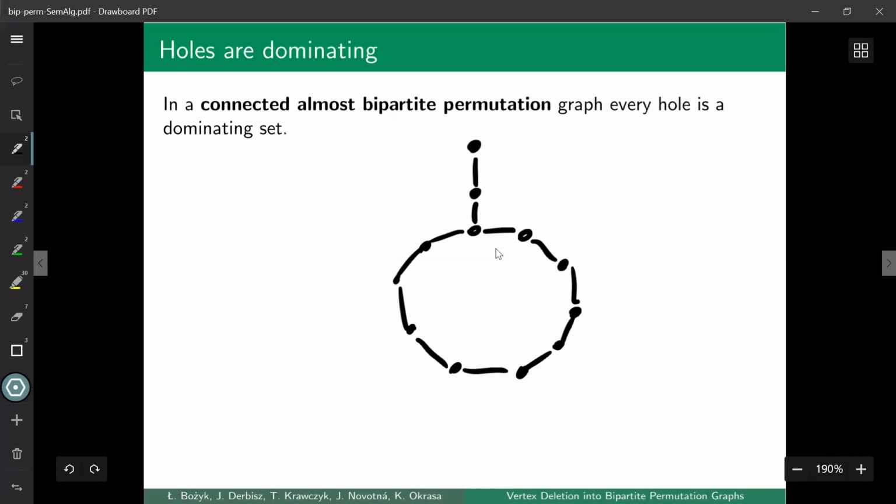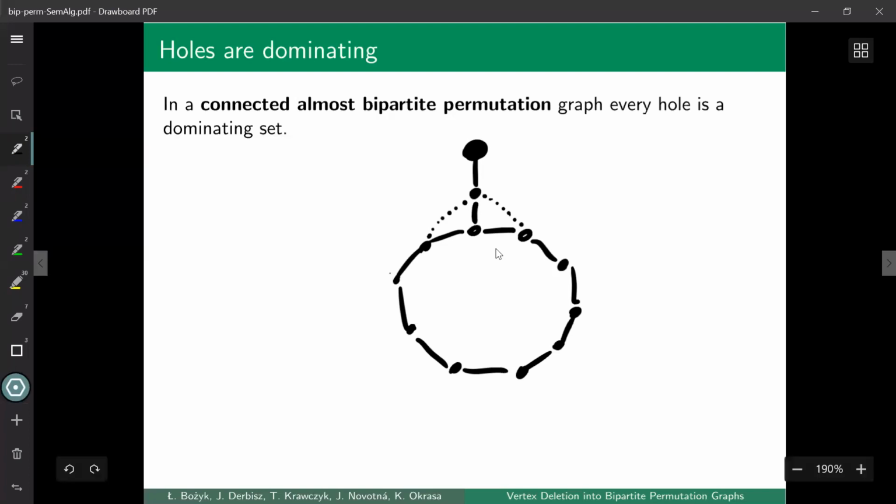Okay, as it's at distance 2, we have no edges from the bold vertex to the cycle. Now we can condition on where there are edges and where there are not. We don't have triangles in an almost bipartite permutation graph, so those are non-edges.